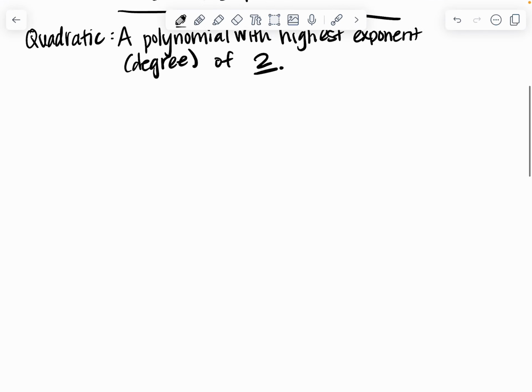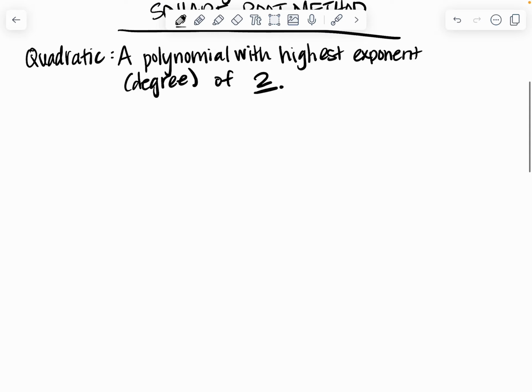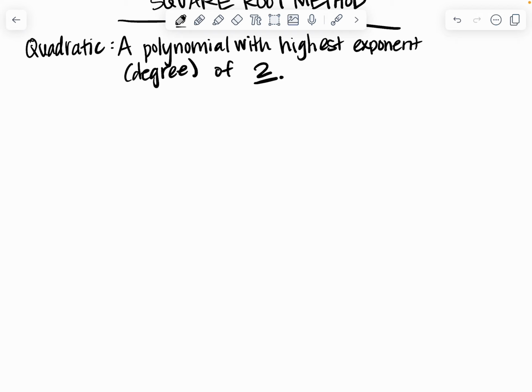So first, let's talk about a quadratic function. When a quadratic function is graphed, it makes a shape like this. This is called a parabola.